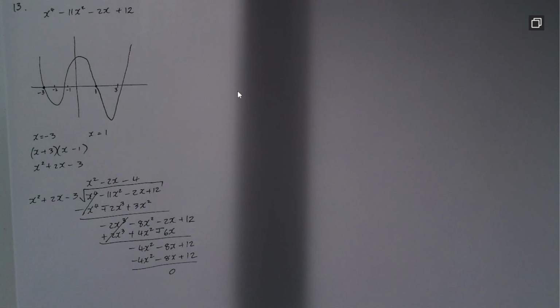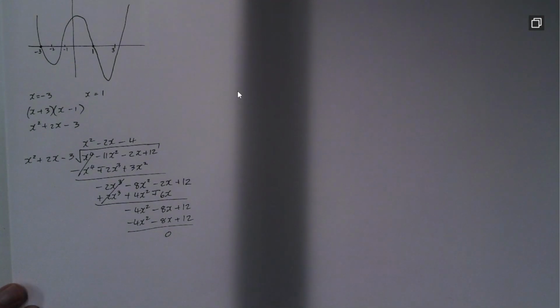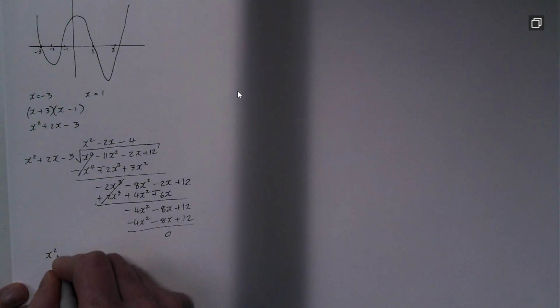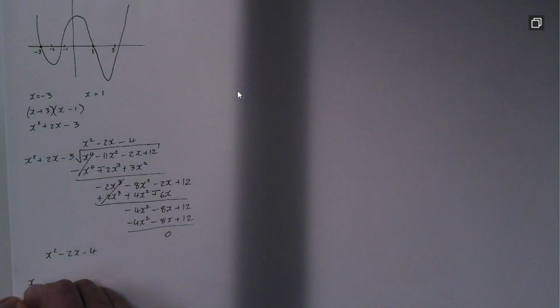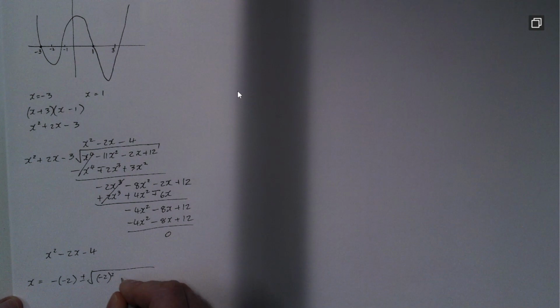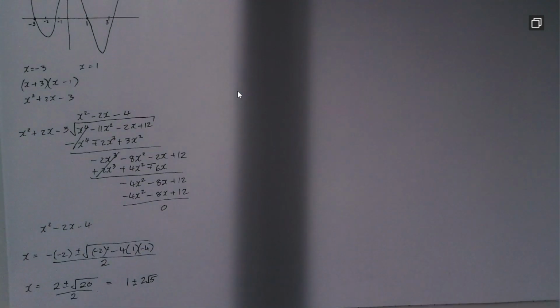The minus b formula says, okay, so let's try going in with the minus b formula. Now the x squared, we have minus 2x minus 4. So x equals minus 2 plus or minus the square root of minus 2 squared minus 4 times 1 times minus 4, all over 2. So your non-integer roots are x equals 2 plus or minus square root of 20, all over 2, which is 1 plus 2 square root 5, plus or minus, and there's your two non-integer roots.